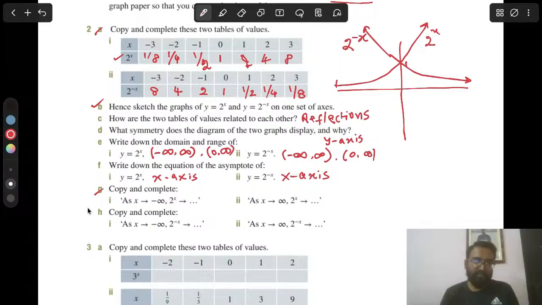Next, copy and complete. As x extends to minus infinite, what is 2 power x going to? This is your x: minus 1, minus 2, minus 3, minus 4, minus 5, dot dot dot, minus infinite. Where are your y values going?